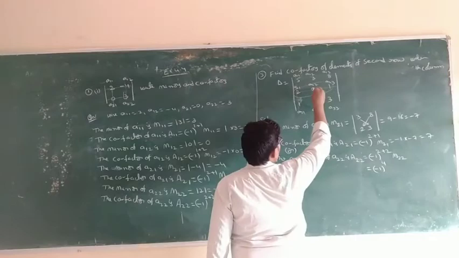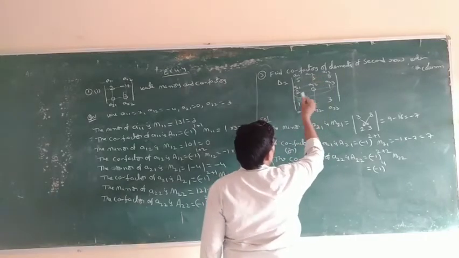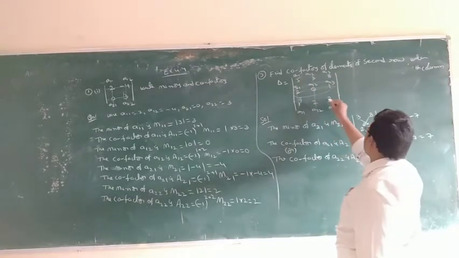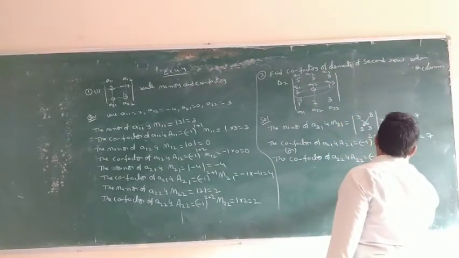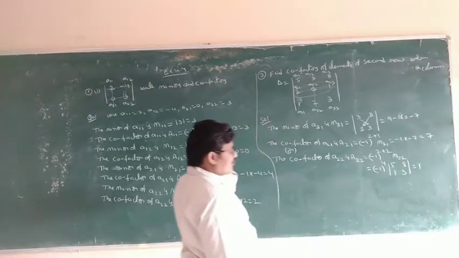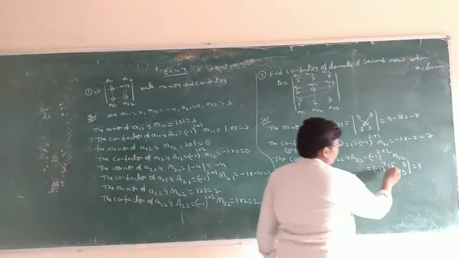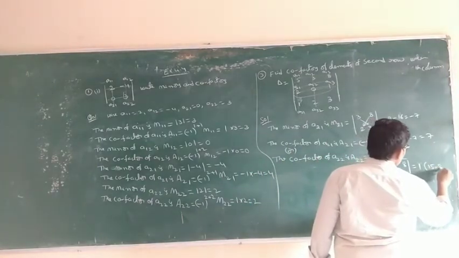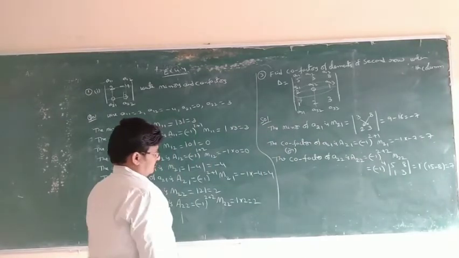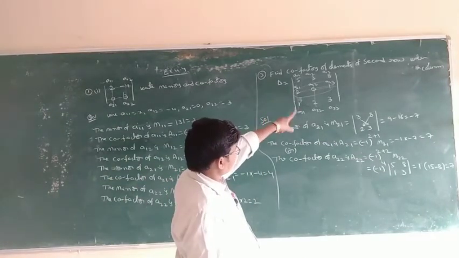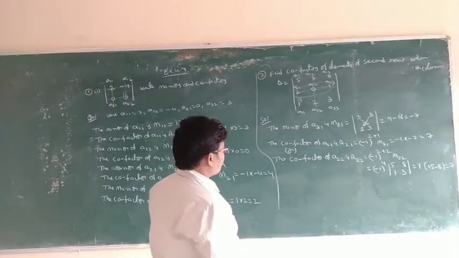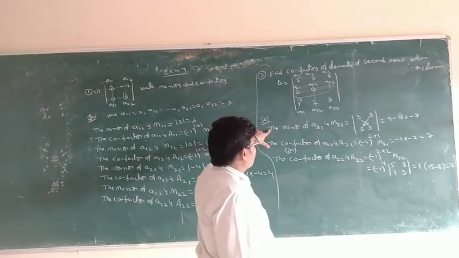Minor means the corresponding element's column and row deleted. So the remaining is 5 8, 1 3, the determinant of 5 8, 1 3. So that is equal to minus 1 whole power 4 into 5 into 3, 15 minus 8, that is equal to 7.